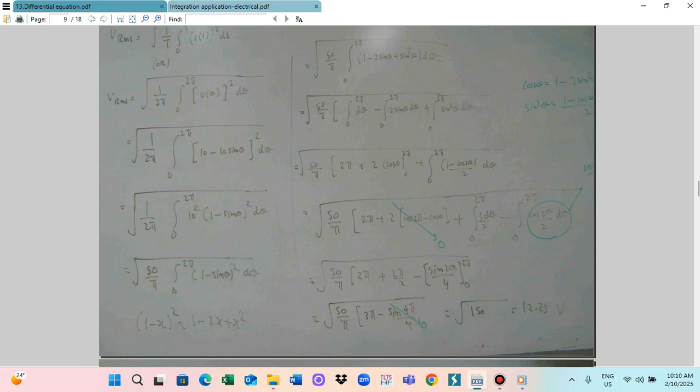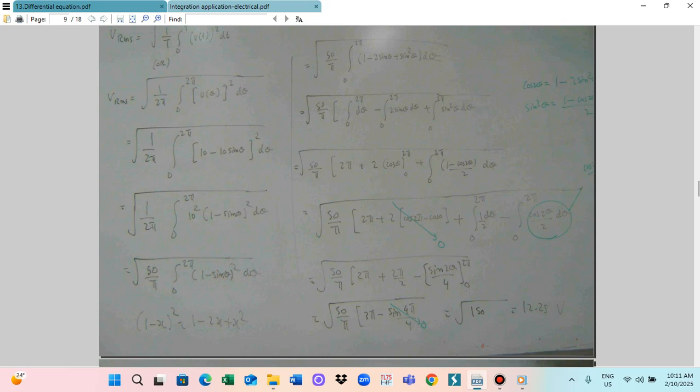Then you integrate the cos, so you got sine, minus sine 2 theta by 4, substituting 0 to 2 pi. So this becomes the square root of 50 by pi, times 2 pi plus pi, that is 3 pi, minus sine 4 pi by 4.